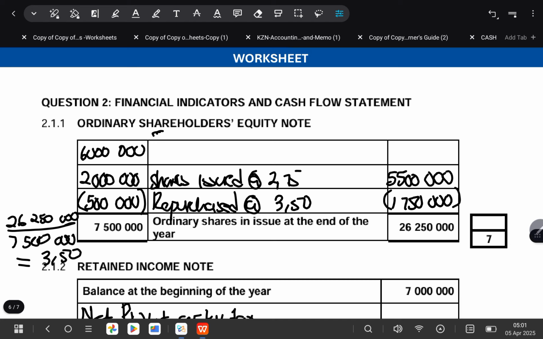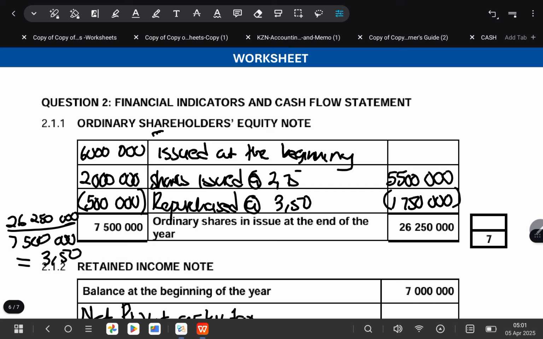Okay, then from there, we work bottom up. So here it will be 6 million shares issued at the beginning, so you know that it's at the beginning of our financial year. So let's work bottom up. Remember, if you work bottom up, where you see bracket you put plus, where you see plus you put minus.